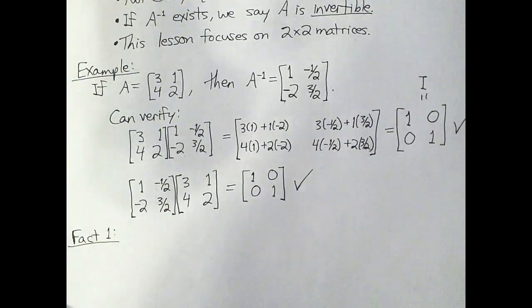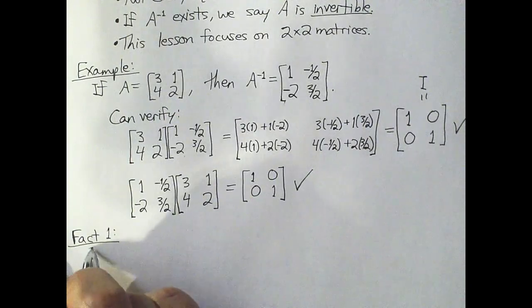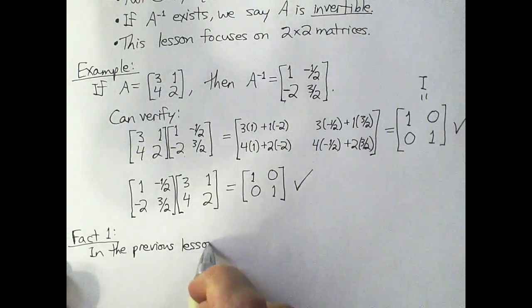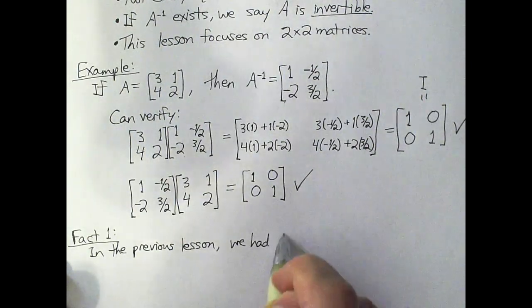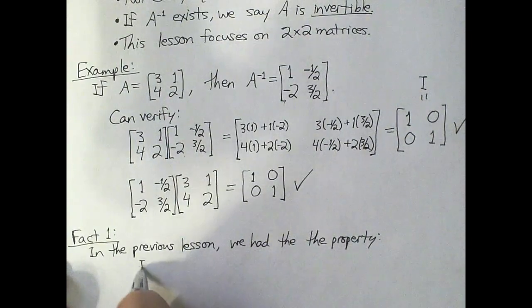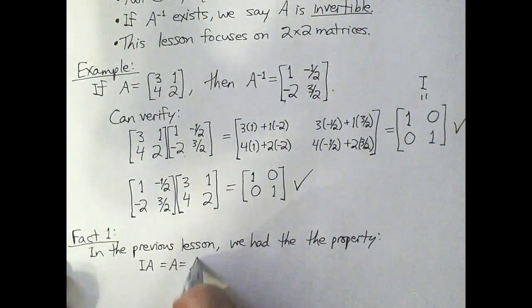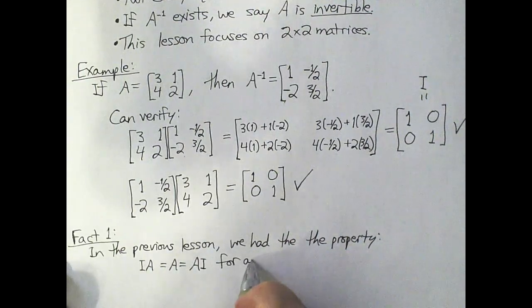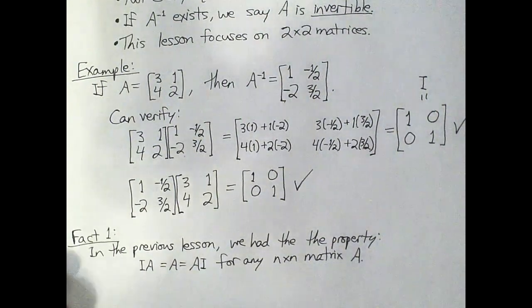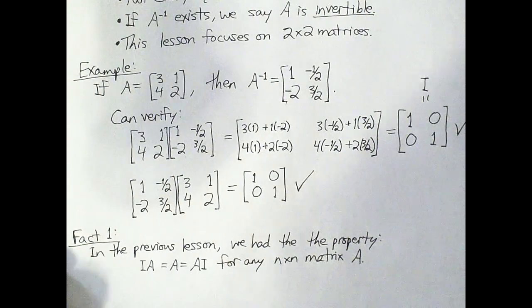So fact 1, in the previous lesson, the video right before this one, we had the property IA equals A equals AI for any n by n matrix A. Okay, we had a list of properties of matrix operations, and one of them is that the identity matrix works in this way. That's really what makes it the identity matrix.